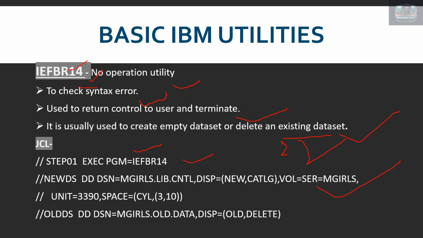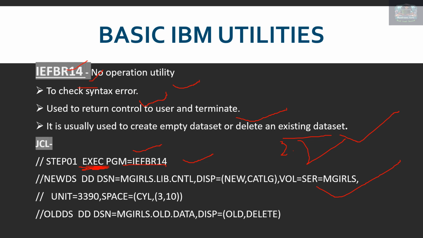See, simply in this JCL, you mention your program in this place in the EXEC statement. This is called an EXEC statement. I'll be explaining the JCL statements in upcoming videos when I go in depth into JCL.